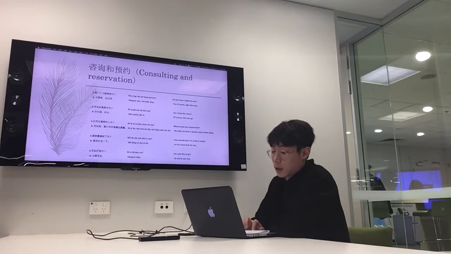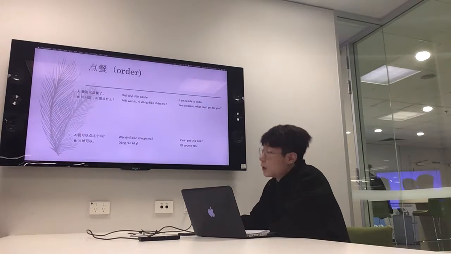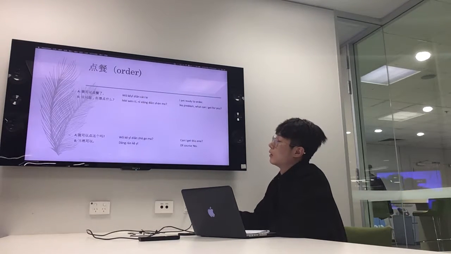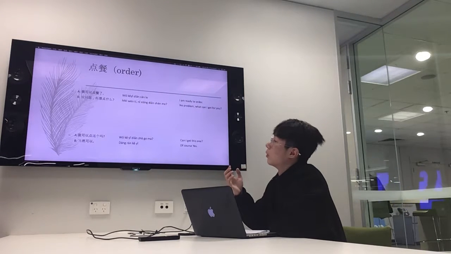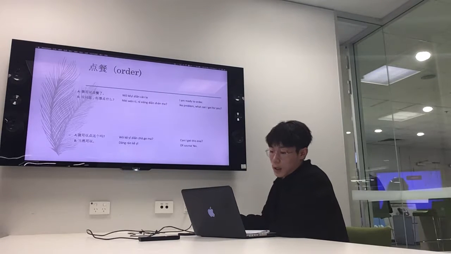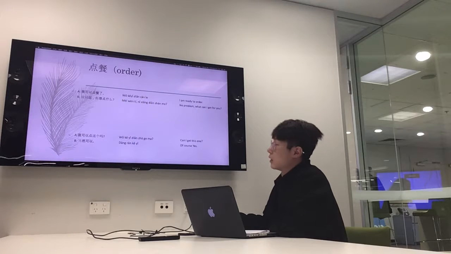And then let's move to the next part, ordering a meal. It's a simple section. We can simply ask a question like A, 我可以点餐了. I'm ready to order. And usually B will reply 没问题，你想点什么?